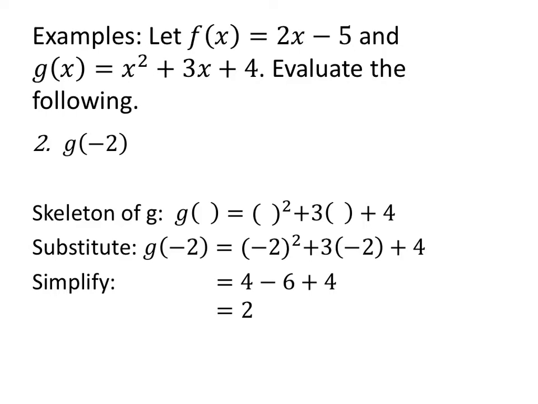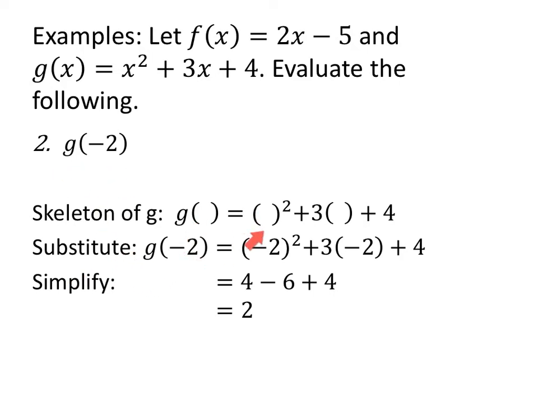So let's find g of negative 2. I start with the skeleton of g. g of something equals something squared plus 3 times something plus 4. And we can see up here in the definition that the something is an x. In the skeleton, in place of x, I put in parentheses. But once I substitute, I want to find g of negative 2.